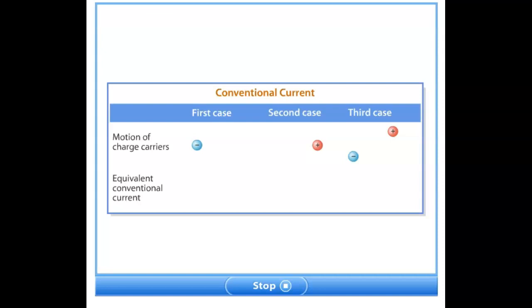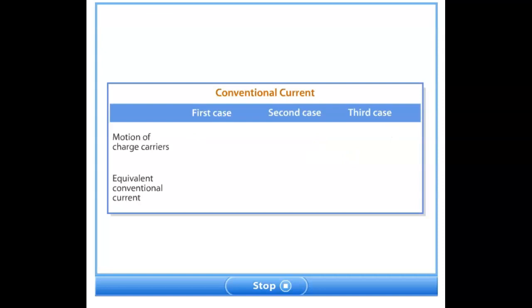This equivalent current is referred to as conventional current. For many applications, it is not important whether the negative charge carriers are moving in one direction or the positive charge carriers are moving in the opposite direction. In these cases, scientists treat electric current as if it were entirely due to the movement of positive charges. The conventional current is a current that has the same net movement of positive charge as the actual current.